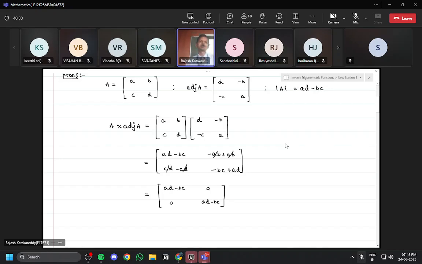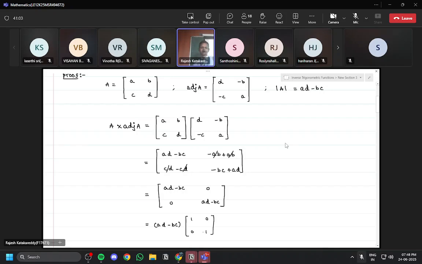AD minus BC is the value of the determinant. In a matrix, if we are taking anything out, we should take it from each and every element. It is not like a determinant. We take AD minus BC out, and the remaining is 1, 0, 0, 1.